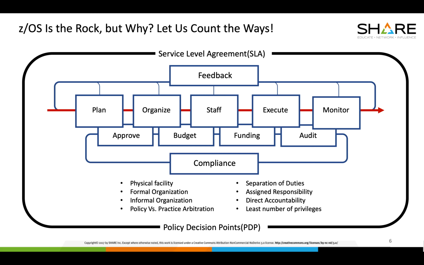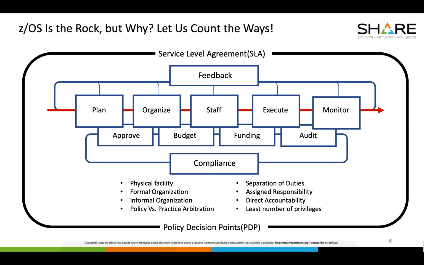And so we look at plans that are presented to us and we approve them. We give them budgets, we give them funds, and we provide controls in the form of audits that allow us to know that these plans and their execution are in compliance with standards that are appropriate for the project and appropriate for our organization.